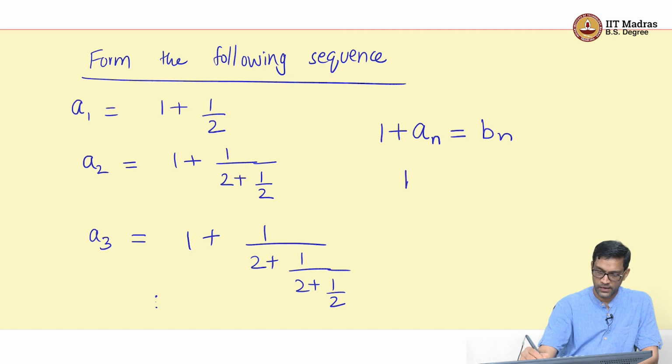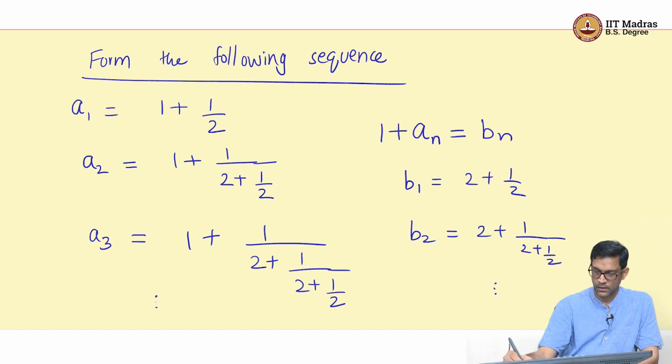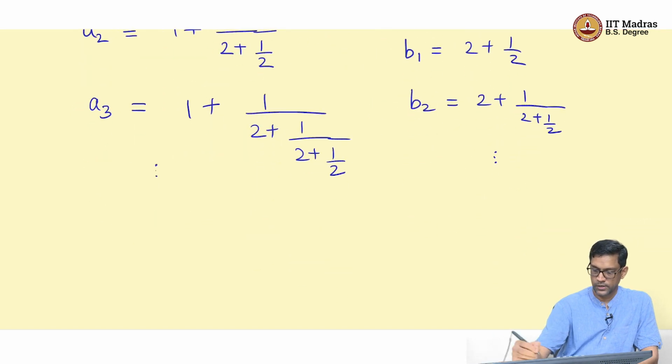So B1 is 2 + 1/2, B2 is 2 + 1/(2 + 1/2), and so on. In general, what is the next Bn? Well, it's just 2 plus 1 over the previous Bn, right?